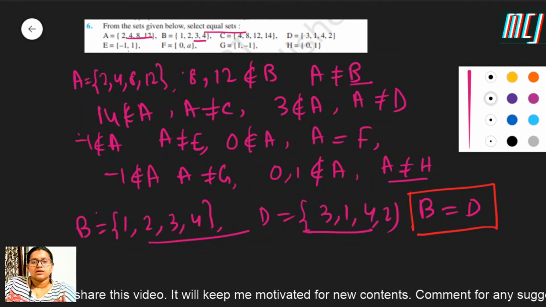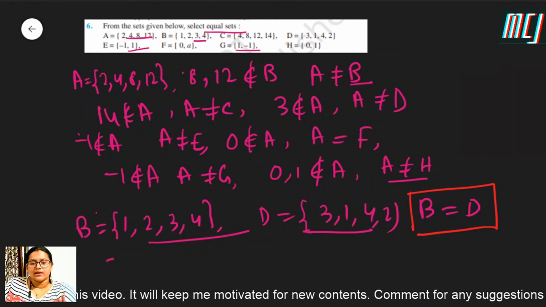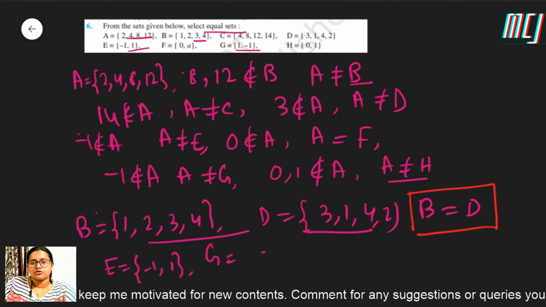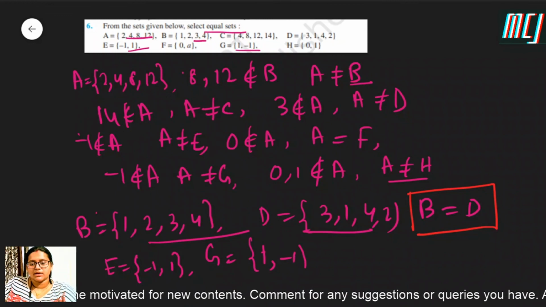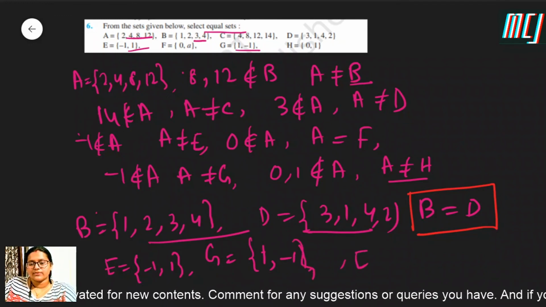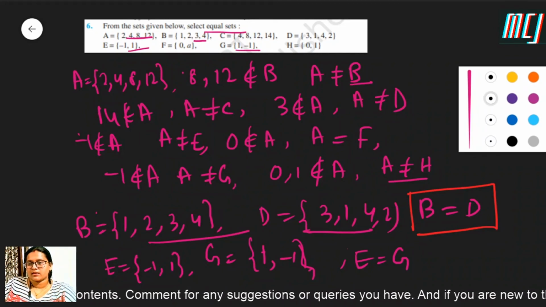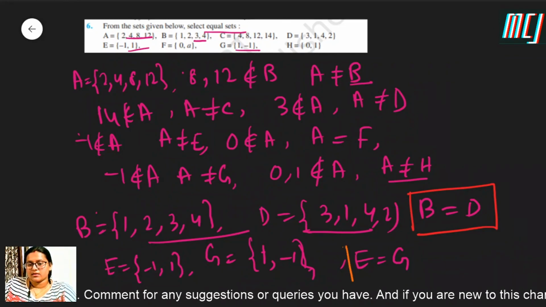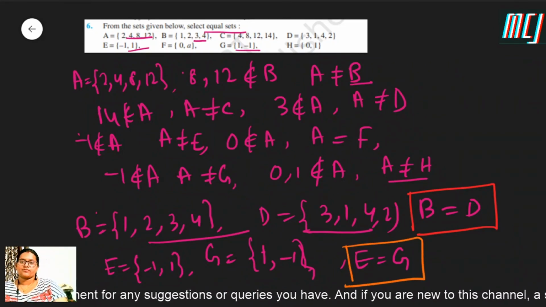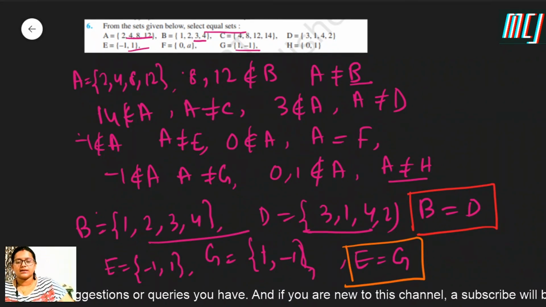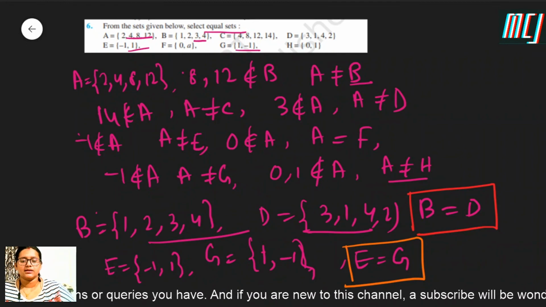Now see E and F, E and G. E equals minus 1 comma 1. G also has both elements, 1 comma minus 1. So E equals G. So only these are equal: B and D are equal, and E and G are equal.